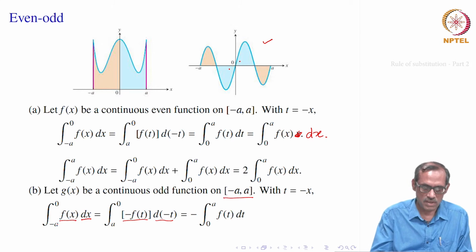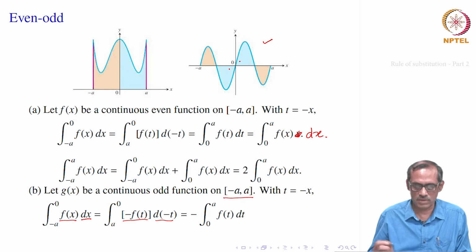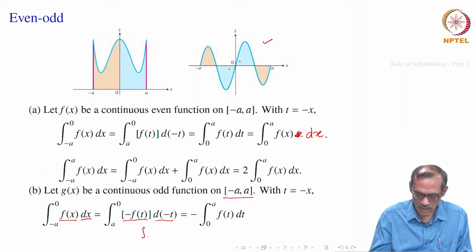The limits, when x is minus a, t is a. So, it is a to 0, and 0 is 0 of course. So, that gives rise to a minus integral. So, this is really the integral from a to 0 of f of t, where the minus here cancels with dt.